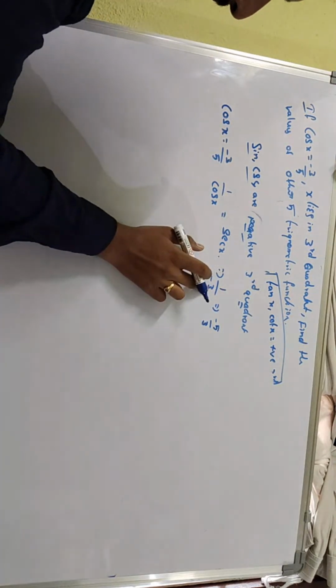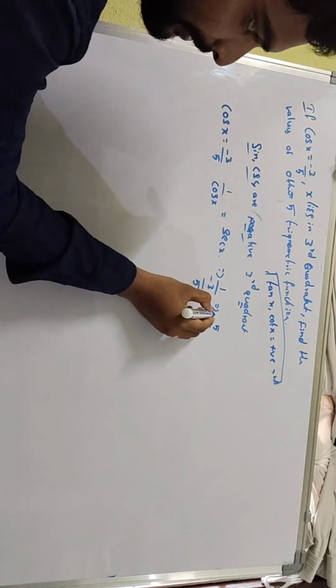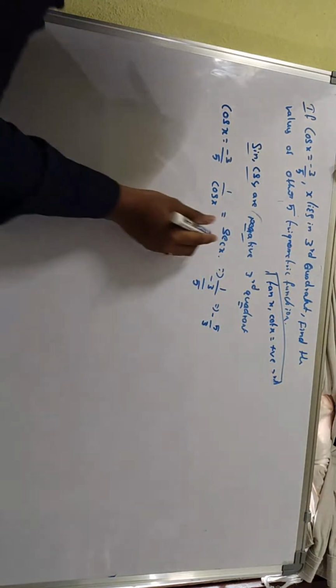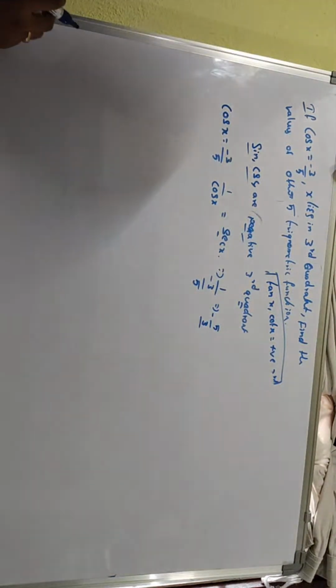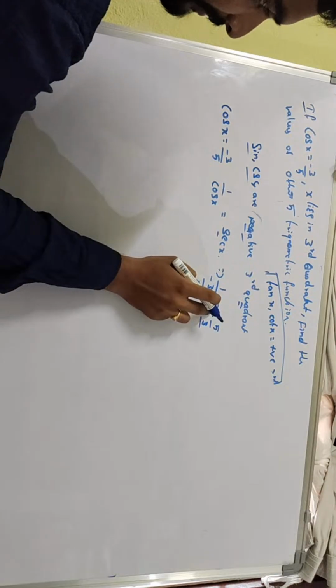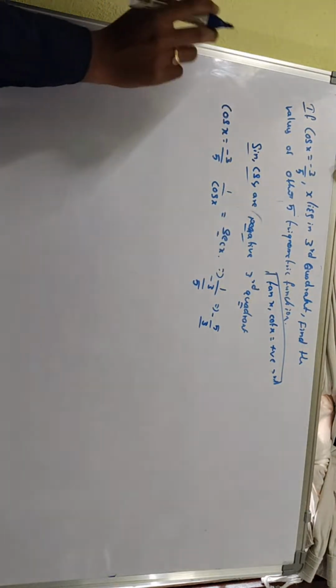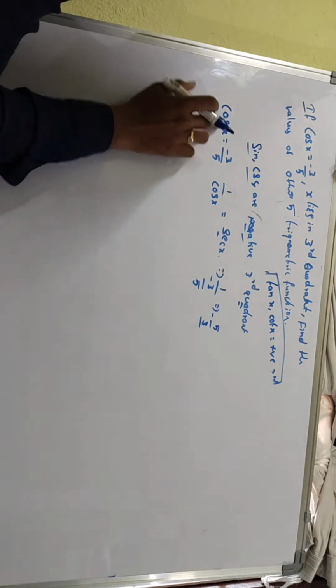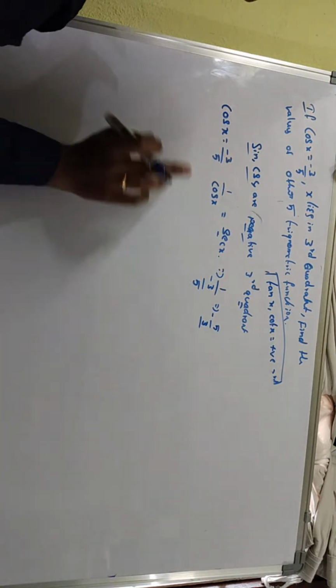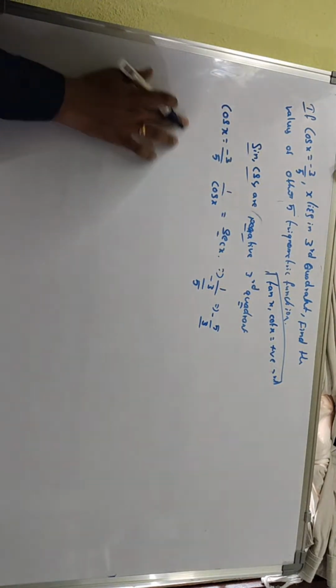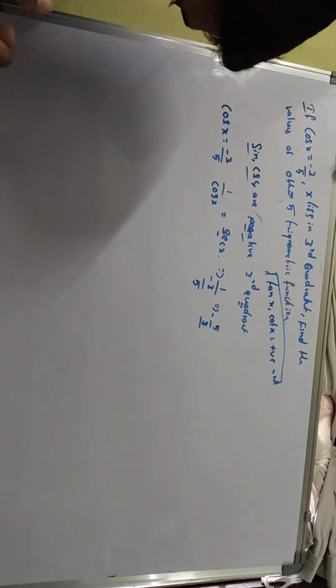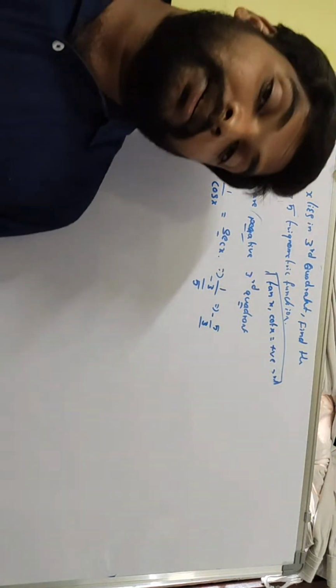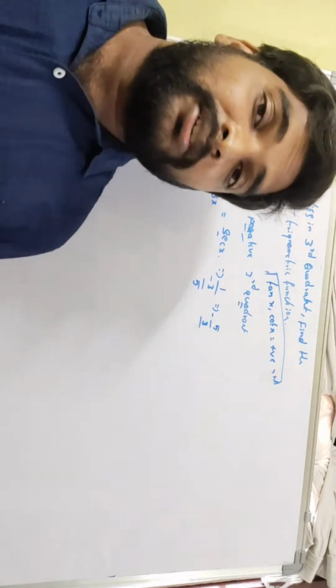The denominator will be the constant, and the minus applies to the whole fraction. So secant x becomes minus 5 by 3. Why do we write minus 5 by 3? Because secant is negative. So cos x and secant x values are found. Next, we are going to find the sine trigonometric function.